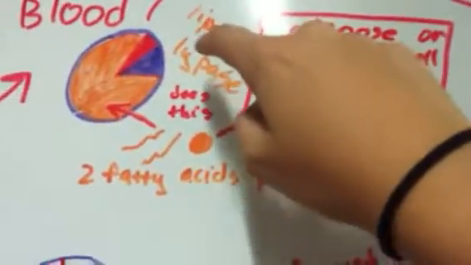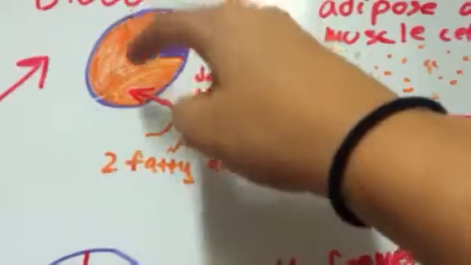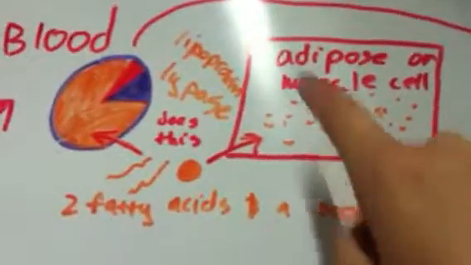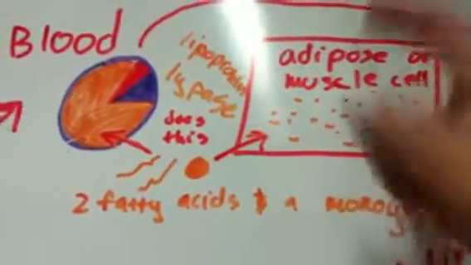And when a chylomicron comes into contact with the adipose cell, this lipoprotein lipase breaks down these triglycerides again into two fatty acids and a monoglyceride so that they can go into that adipose tissue for storage or usage or whatever.